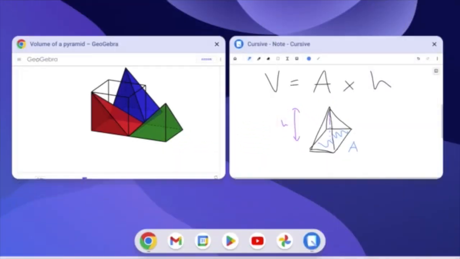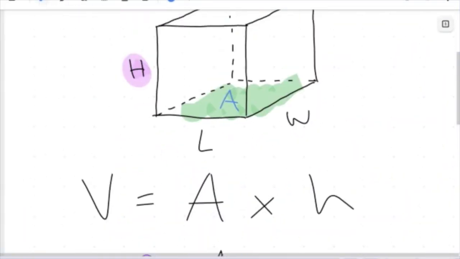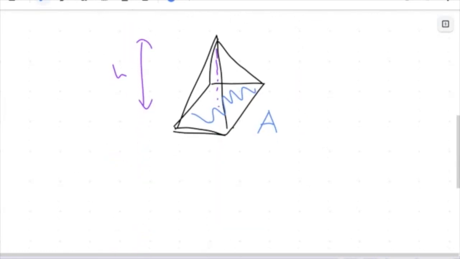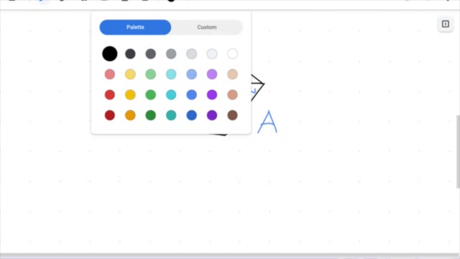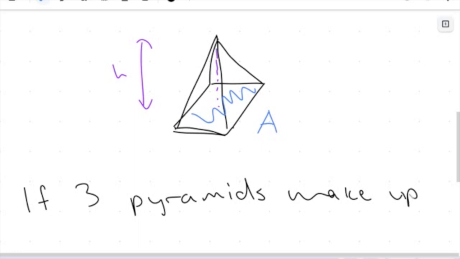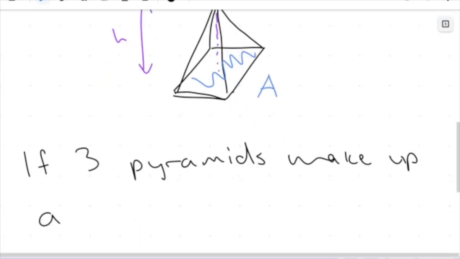So if we go back here, if three pyramids make up a prism, here this was a cube, but it'll work in the other cases as well.